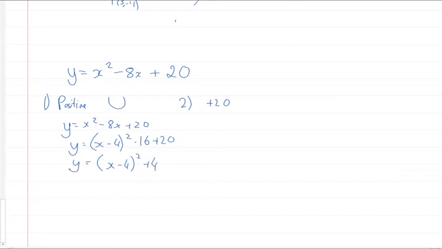Now, if I make that equal to 0, the problem I have is I end up with x minus 4 all squared plus 4 is equal to 0.